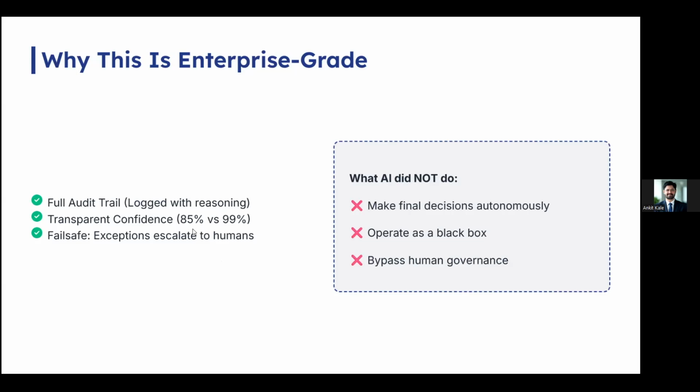It also gives us transparency with the help of the confidence level, and it can be said to be fail safe because the exceptions are there, and because we are already putting a human in the loop, we are not making the system fully autonomous. And what AI did not do over here is, of course, make any final decision autonomously. It did not operate as a simple black box, nor did it bypass human governance. That is why we are saying that this is enterprise grade.